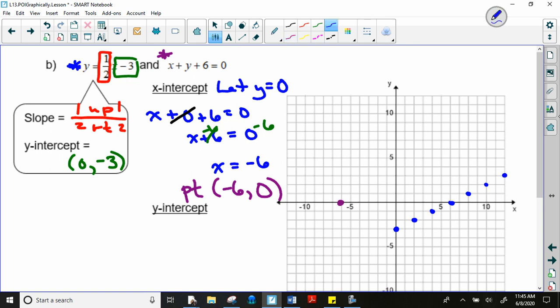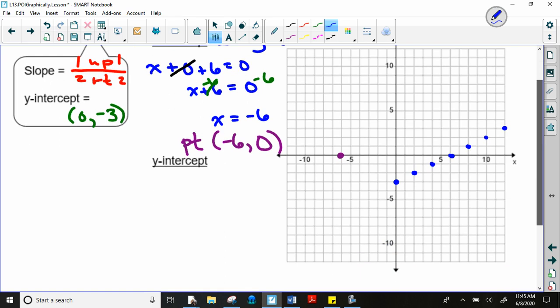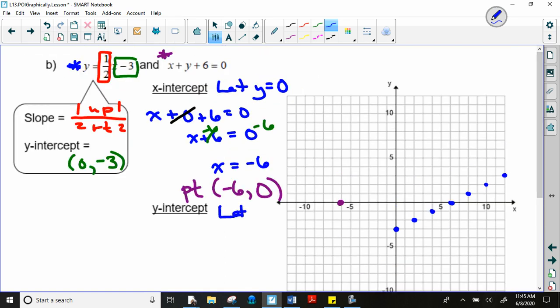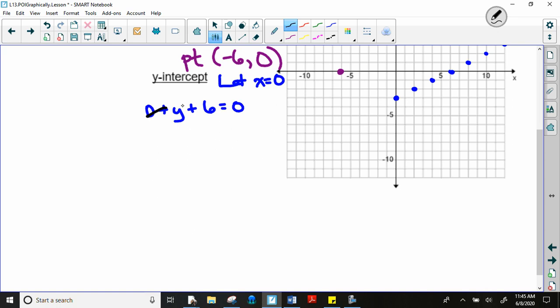We can also find the y-intercept by letting x go to 0. So wherever we see an x in the equation, we're going to put in a 0, plus y plus 6 equals 0. This is going to cancel out. So we get rid of that value, and all we're left with is y plus 6 equals 0.